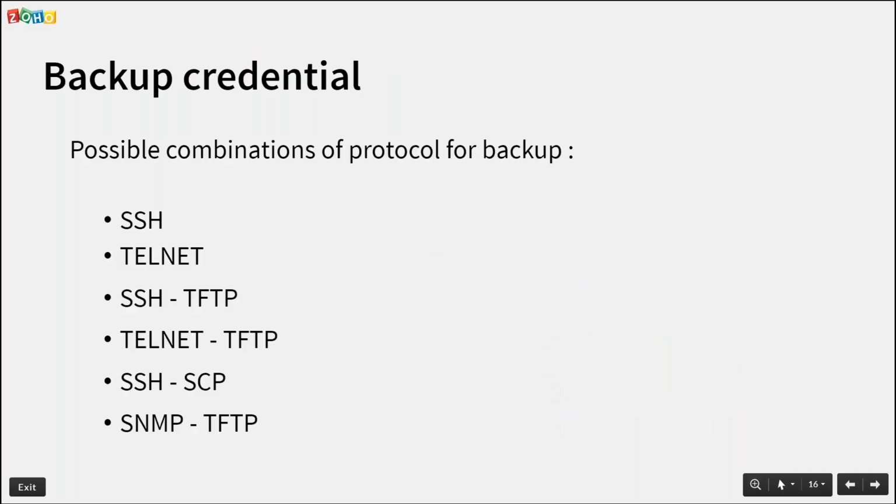So let's move on to the various protocols that are used for backup. These are the possible combinations of protocols for configuration backup in NCM. So let's look into how these protocol combinations work and how the backup occurs using these protocol combinations.